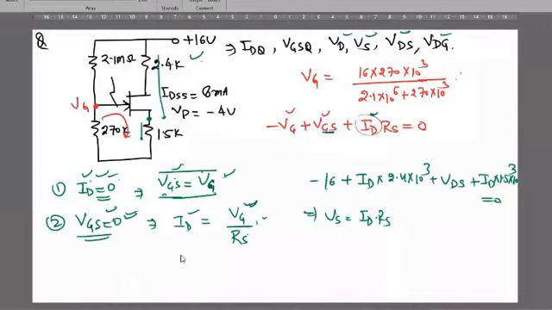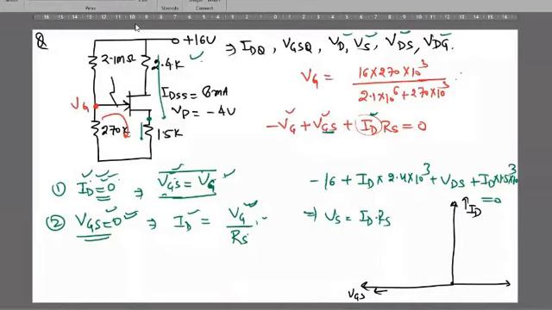Yes. Let me draw the characteristics and explain. This is very easy. This is ID. This is VGS. On the first point, if you apply ID equals 0, then VGS equals VG.